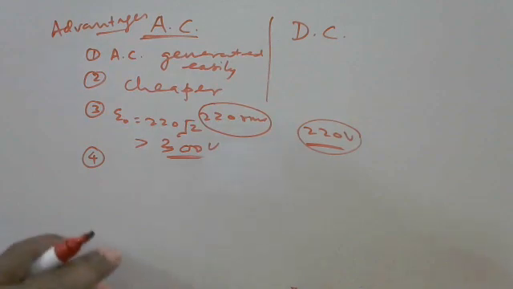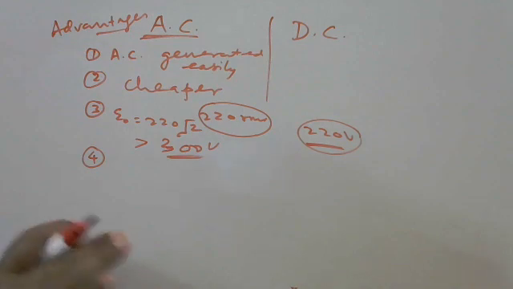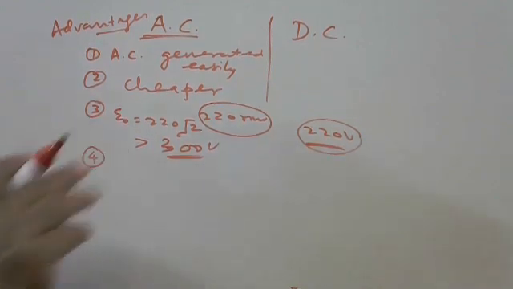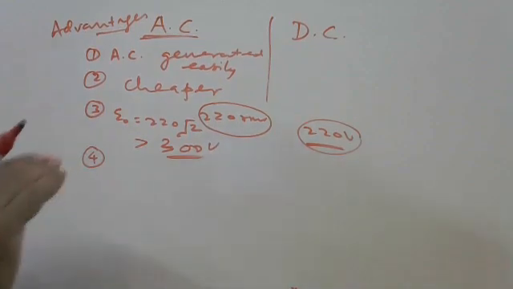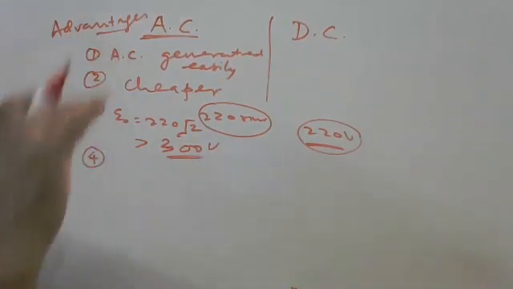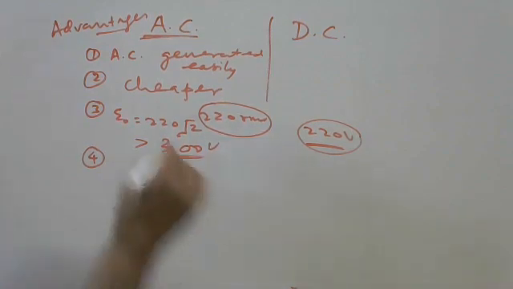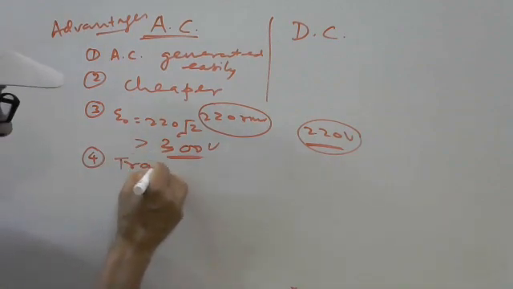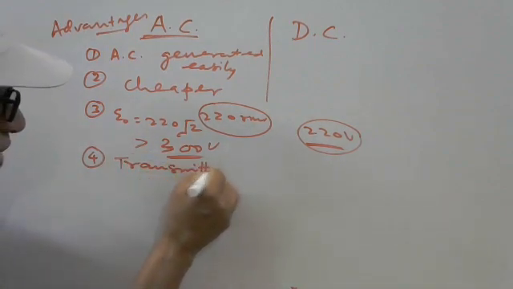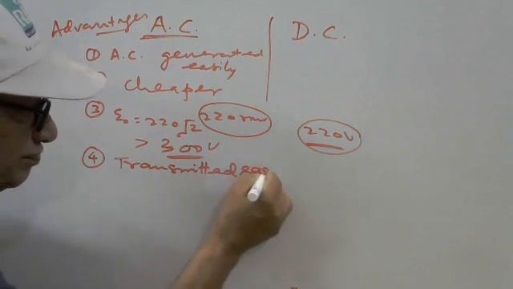We discussed this question yesterday very thoroughly, with voltages like 4,000, 40,000 and 4 lakhs also. If voltage increases, transmission cost reduces to a very low level, so it can be transmitted easily.